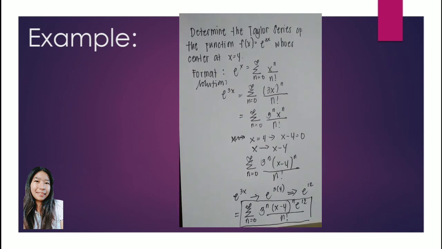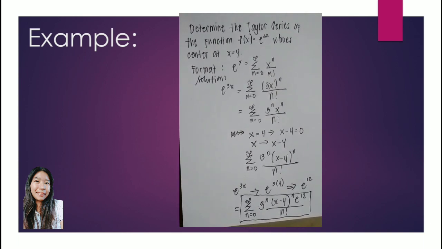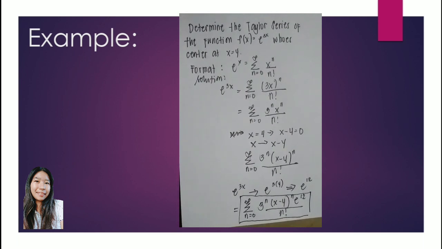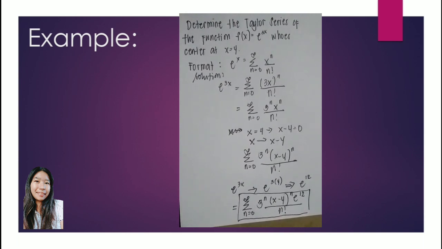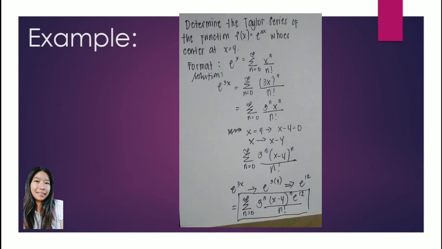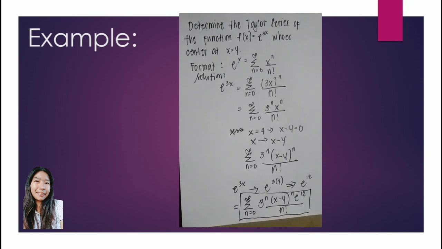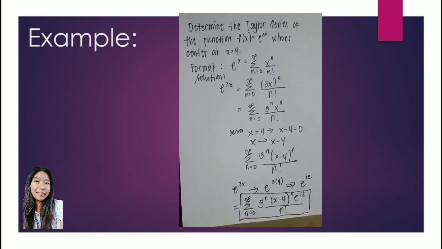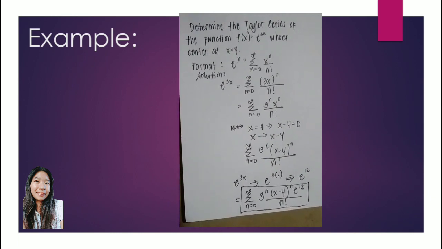So we need to substitute the center of the given example. We get the answer: the summation from n equals 0 up to infinity of 3 raised to n times the quantity x minus 4 raised to n times e raised to 12, all over n factorial. So that is the Taylor series of the function f of x whose center is at x equal to 4.